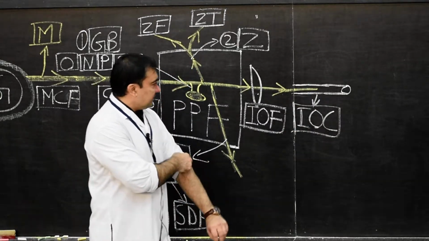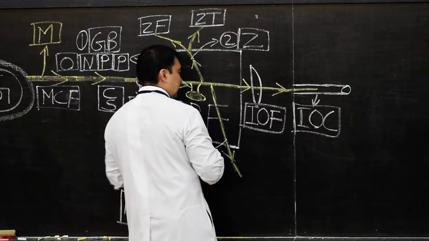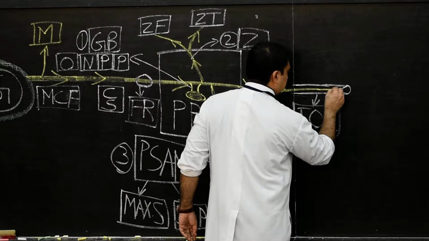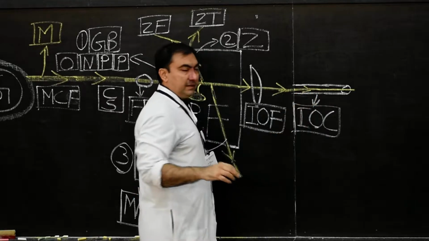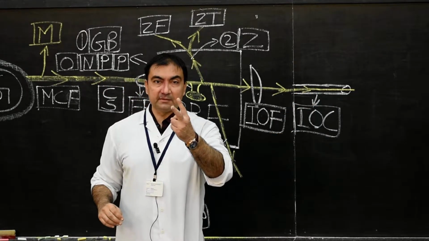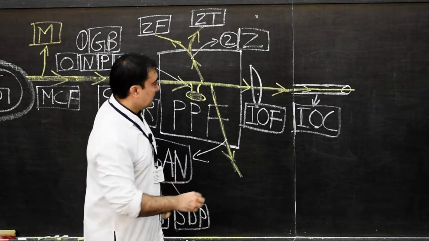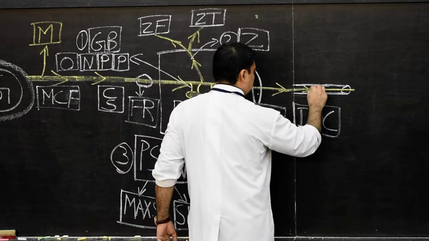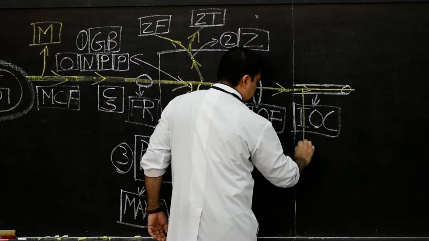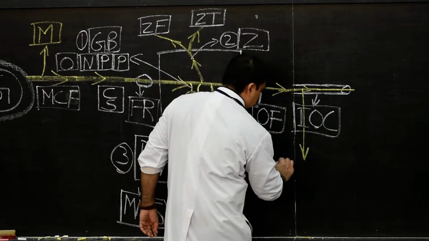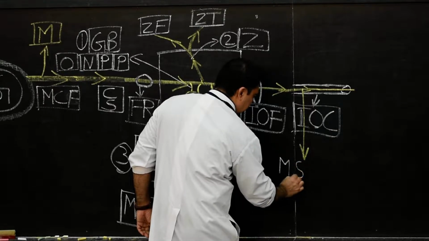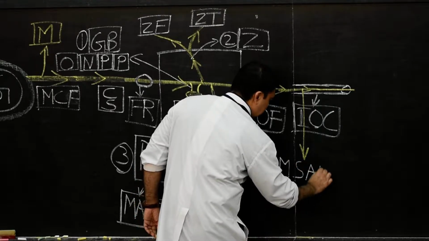As it is present in the infraorbital canal, it will give two more branches. The first branch will be the middle superior alveolar nerve.